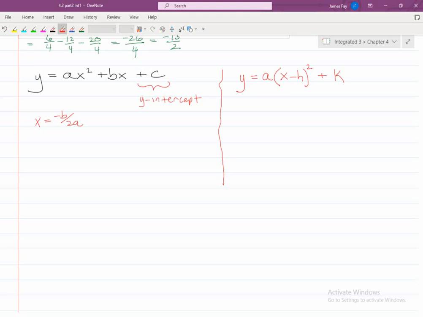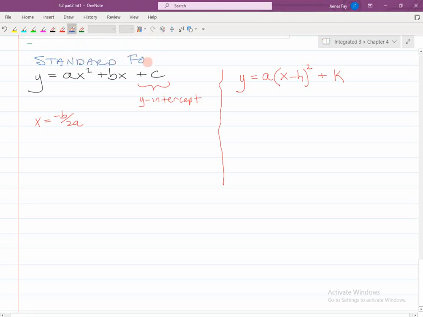All right, now I know I'm bringing in a bunch of different letters. Don't worry about the different letters right now. But this is referred to as vertex form. This is generally called standard form. This one over here is called vertex form, and it's called vertex form because it tells you just by looking at it what the vertex is.